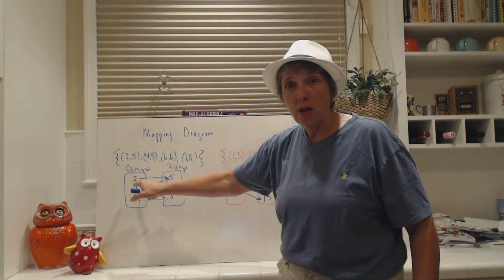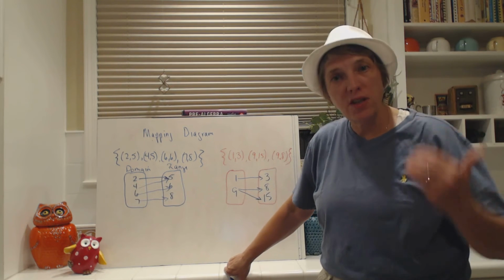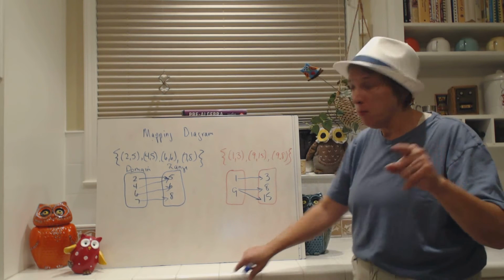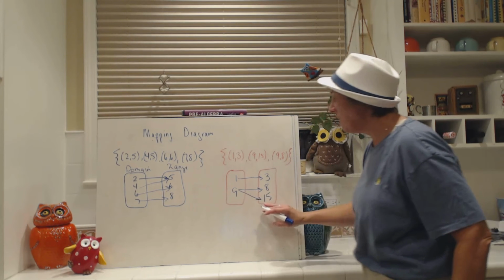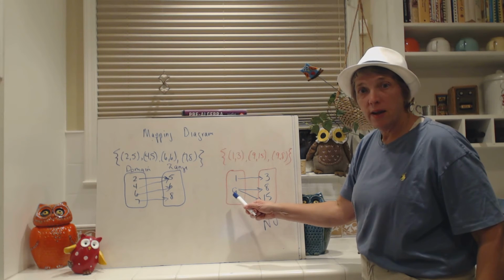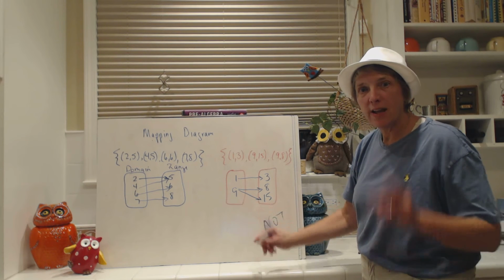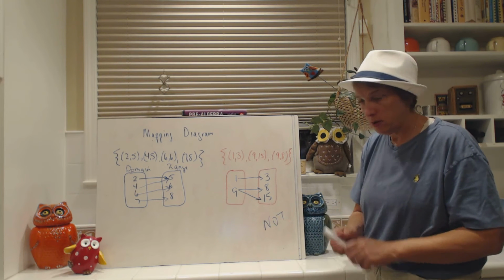Now the 4 is in the domain, and it's also with the y coordinate, but it's a different domain. Remember that. So this is a function, and this is not a function because the domain, the x-coordinate 9, has 2 different values for the y-coordinate from the range.